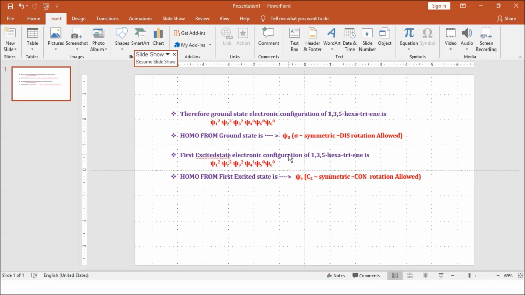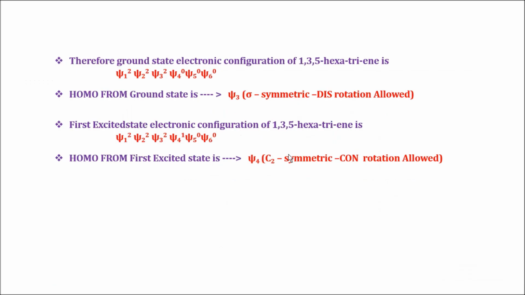Here you can see the ground state electronic configuration of 1,3,5-hexatriene. What is that? Psi1 2, Psi2 2, Psi3 2, Psi4 0, Psi5 0, Psi6 0. So what is the HOMO? We can easily say HOMO is Psi3. What is the symmetry? 3 is an odd number, therefore sigma is symmetric. When sigma is symmetric, this rotation is allowed.